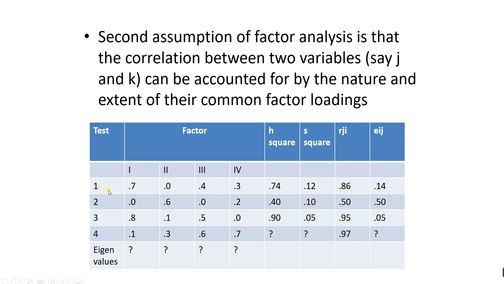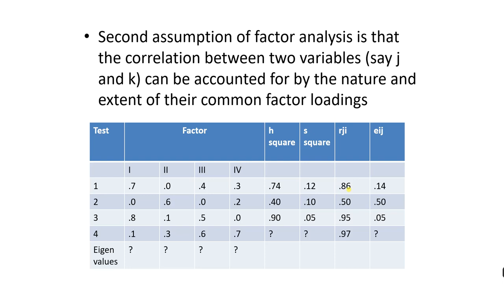Suppose we have test 1, that is a test of anxiety, and we know that the reliability of test 1 is 0.86. So in the previous slide I said that reliable variance is the sum of H square plus S square. 0.74 plus 0.12 is equal to 0.86.